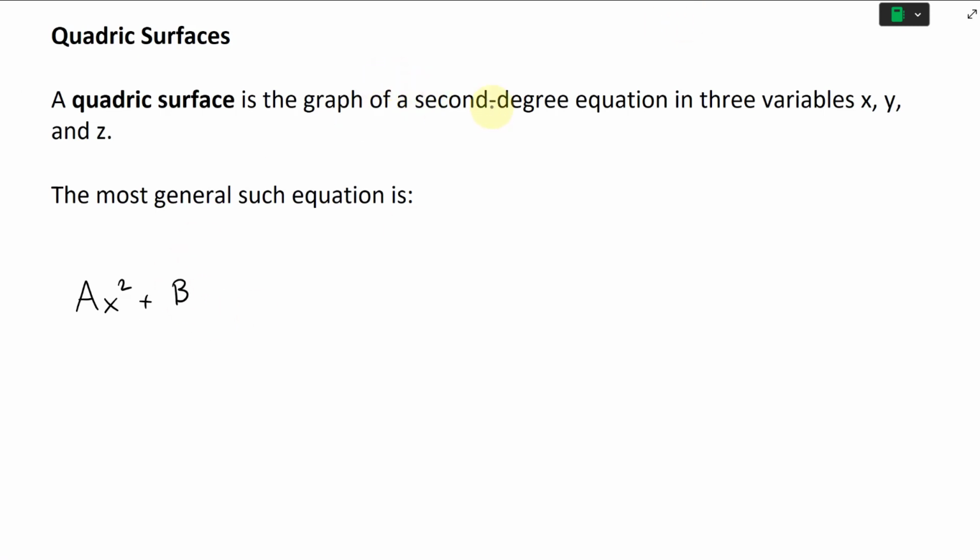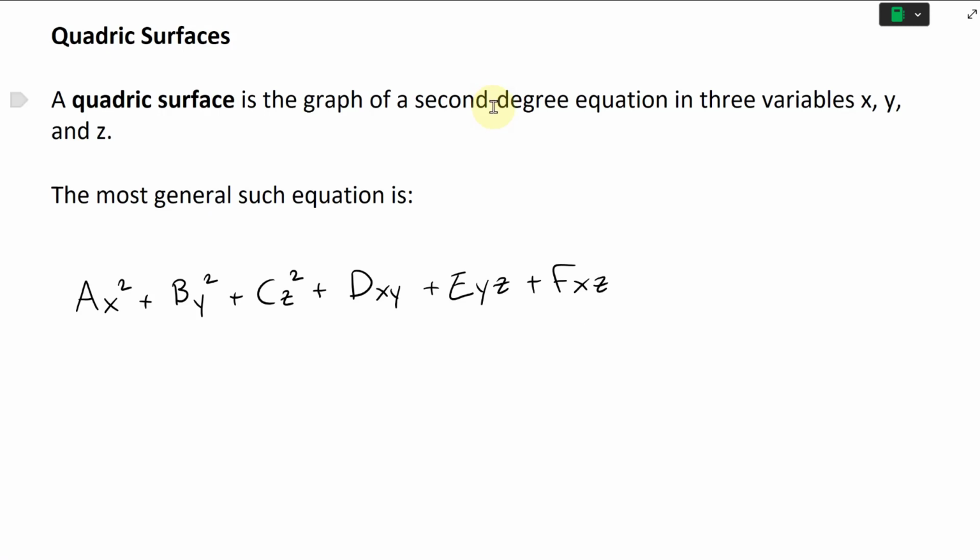The next one's going to be another constant b, times y squared, plus c z squared, and then to account for other stuff, you're going to have the letter d for xy. It's going to get super general, plus e yz, plus f xz.